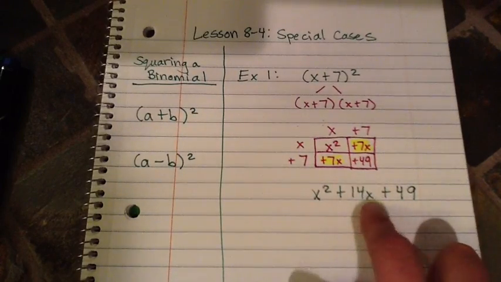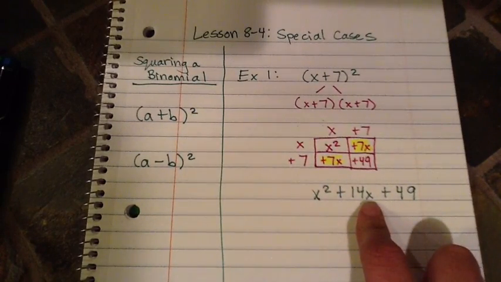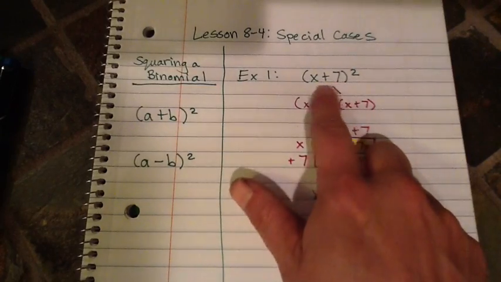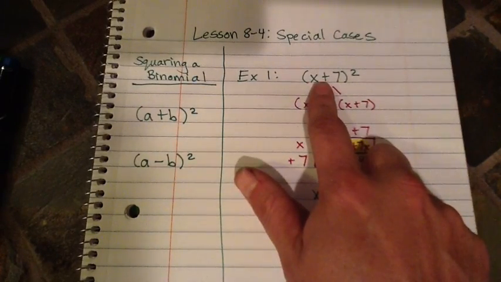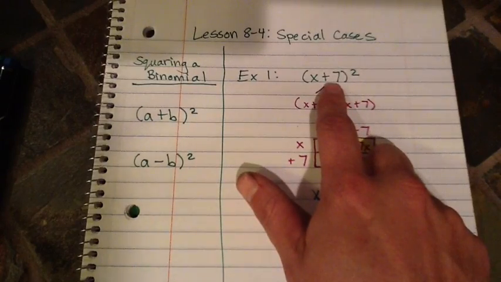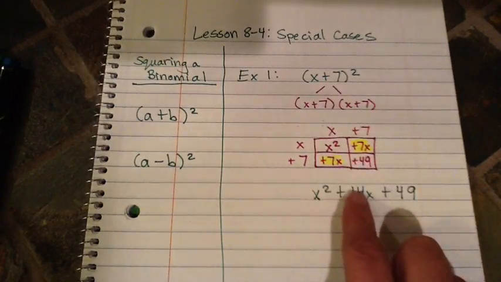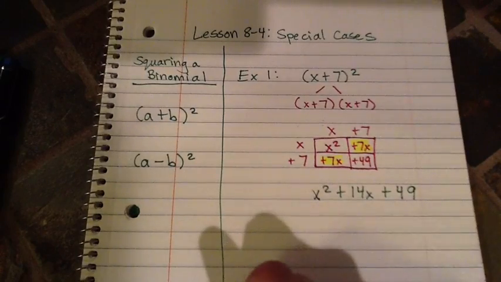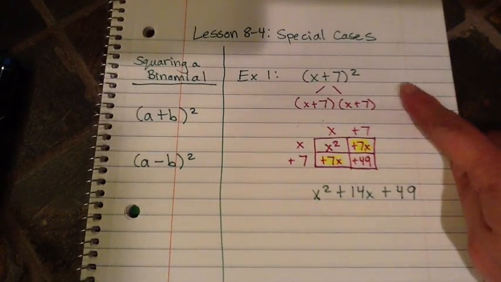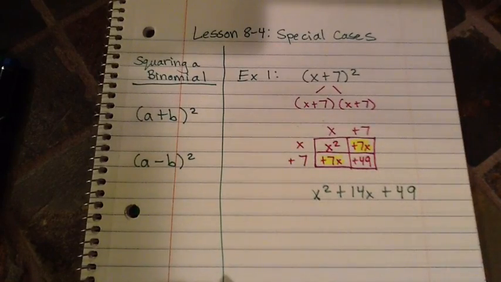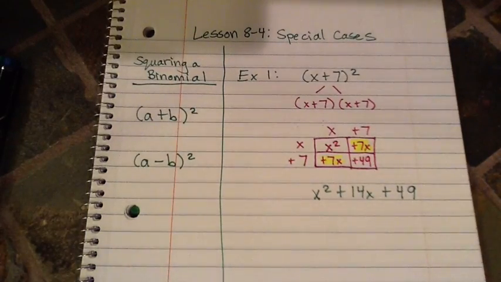But I need that middle term. And the way you find the middle term is you just multiply these two terms together. 7 times x is 7x. And then you double it. And by doubling it, I mean times 2. 7x times 2 is 14x. And that will work every single time you have one of these. So we'll practice that a little bit more tomorrow, but I wanted you to at least see it once tonight.